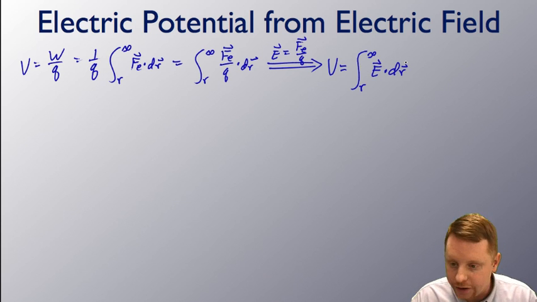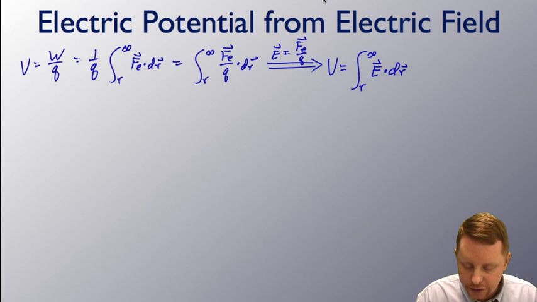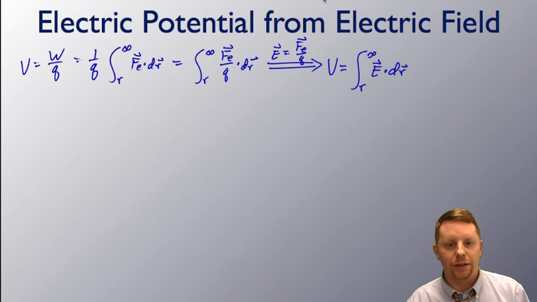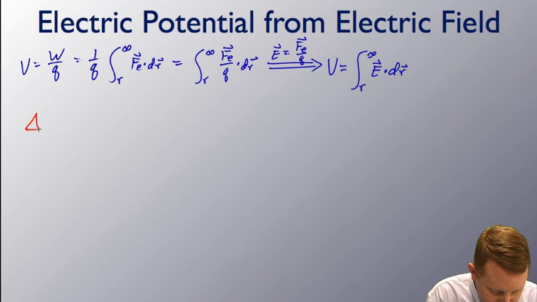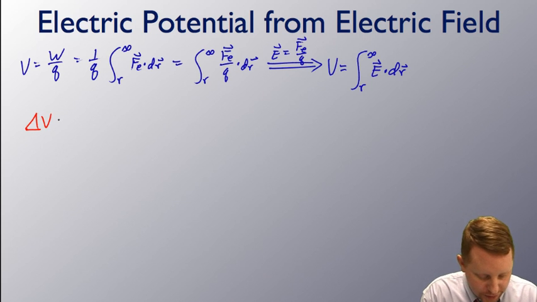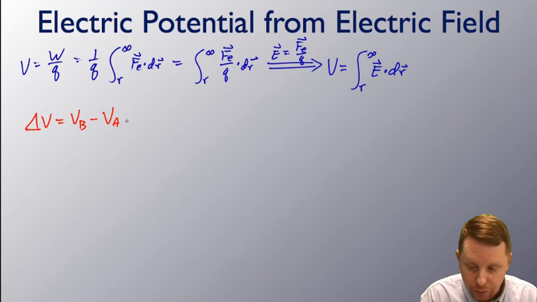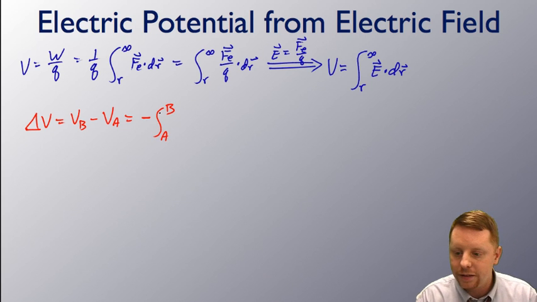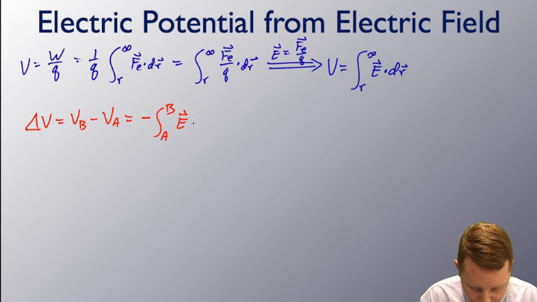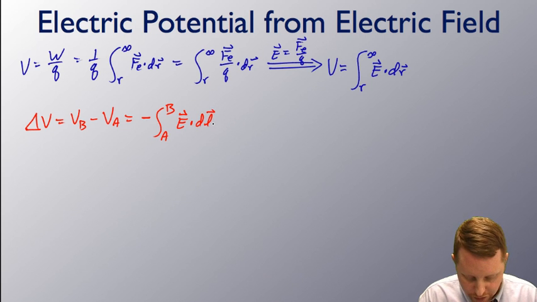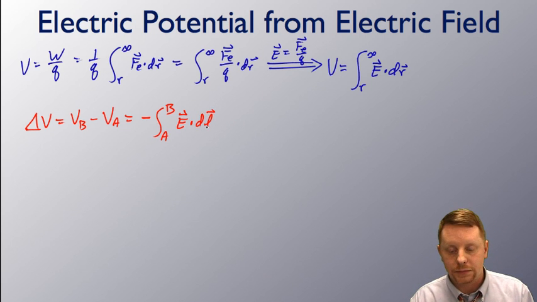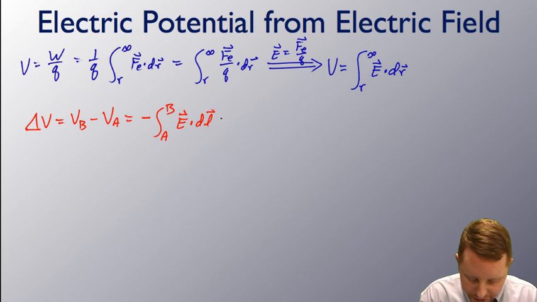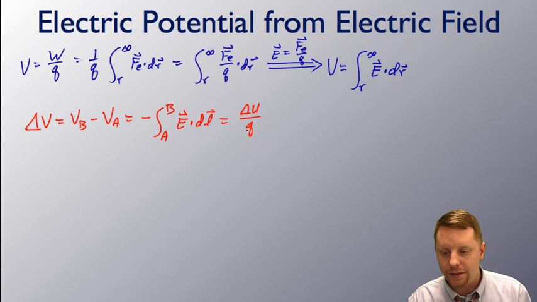If we wanted to go a little bit further, talk about the change in potential, the potential difference, oftentimes much more applicable. That's going to be change in voltage, VB, voltage at point B minus the voltage at point A. That's just going to be the opposite of the integral from A to B of E dot, I'm going to change our variable to dl, the integral along that line, dl, which is the change in potential energy divided by the charge.